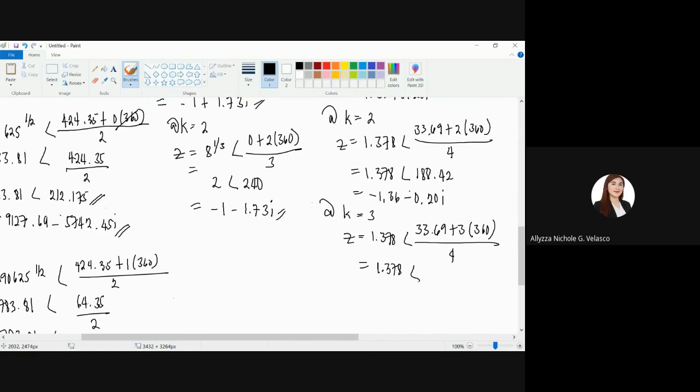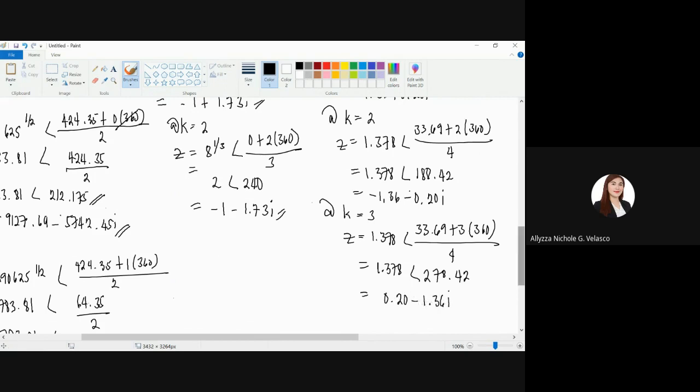We have 3 times 360, 1,080 plus 33.69 divide by 4, that is equal to 278.42. And to get the equivalent rectangular form, so 1.378 angle 278.42, that is equal to 0.20 minus 1.36i.